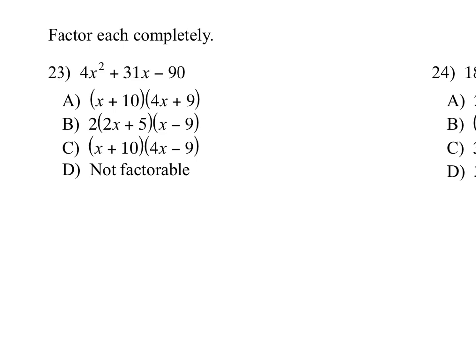I'm going to pull 4x to the second and put it down here so it's easier to check. First of all, 4x to the second, is that a perfect square? Yes. Okay, what is that? 2x. Yeah, so you can multiply 2x by 2x. And then what about the 90?